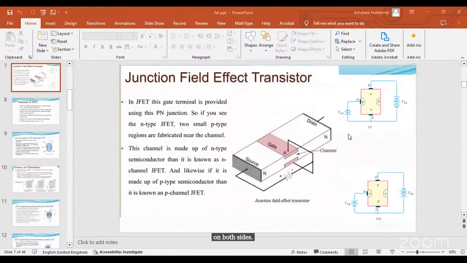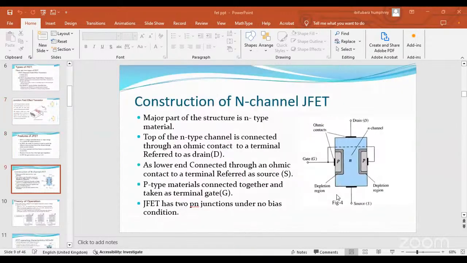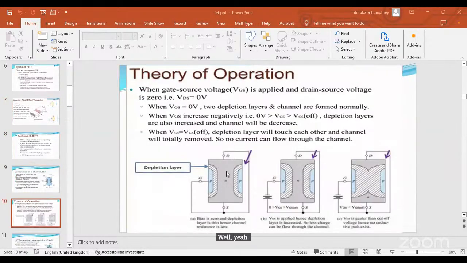Unlike here, where you have voltage VGS and voltage VDS. But when there is no voltage at all for both sides, VGS is 0, the two depletion layers and channel are formed normally.